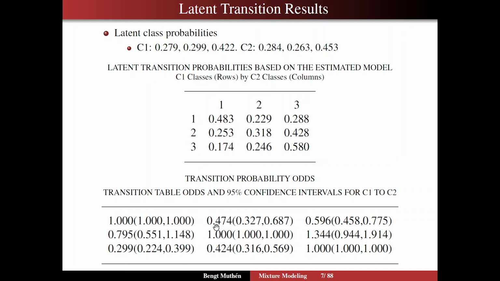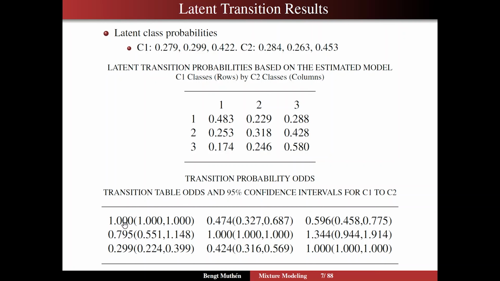And we see that that's less than 1. And we can look at the confidence interval, which takes into account non-symmetry, as it should. And so it's a non-symmetric confidence interval. And it does not include 1, which says that 0.474, that odds, is significantly less than 1.